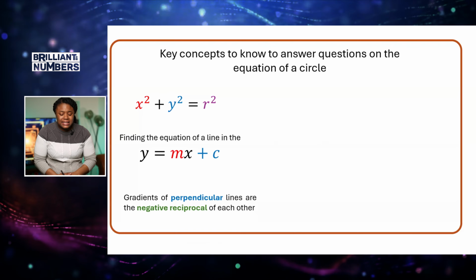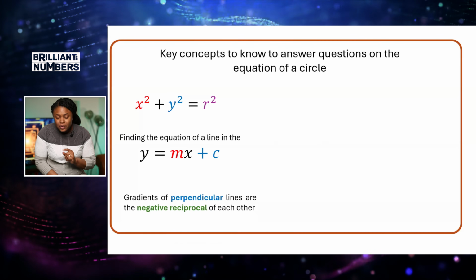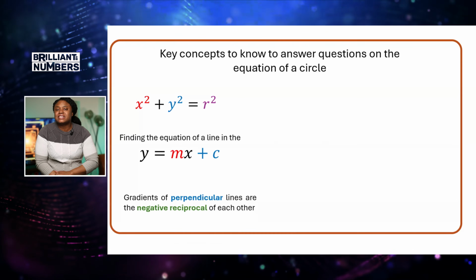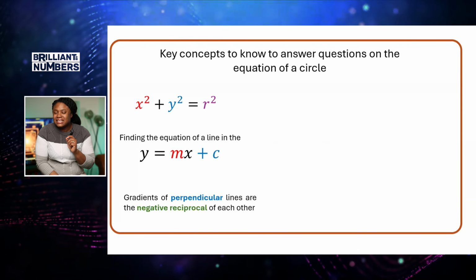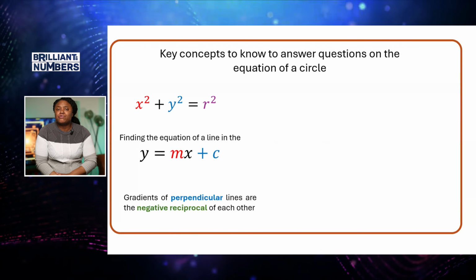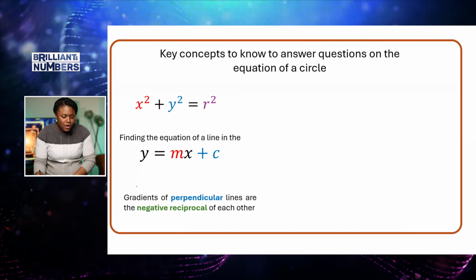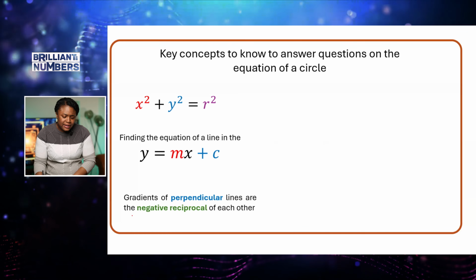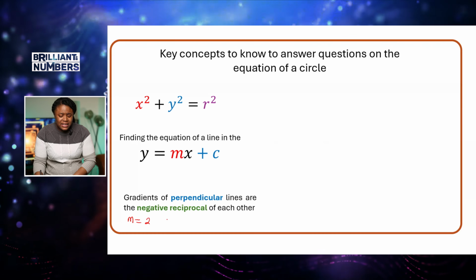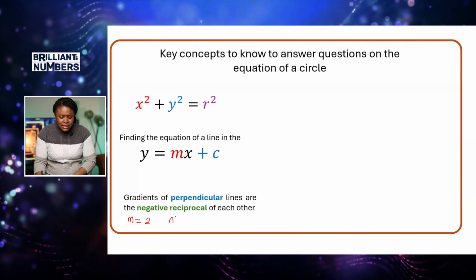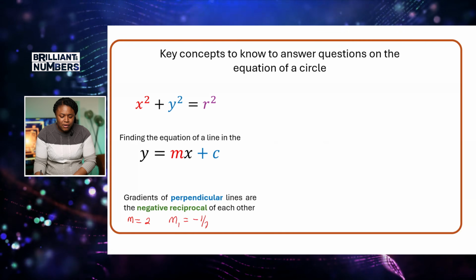Another important point here is that the gradients of two lines that are perpendicular are always the negative reciprocal of each other, and this is so because two perpendicular lines will intersect each other at a right angle. For example, if the gradient of one line, m, is equal to 2, the gradient of the perpendicular line, M1, would be equal to -1/2.